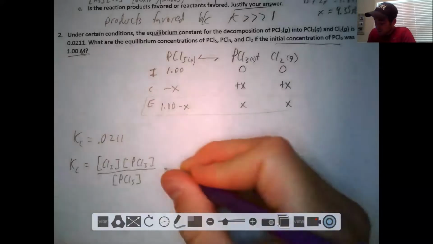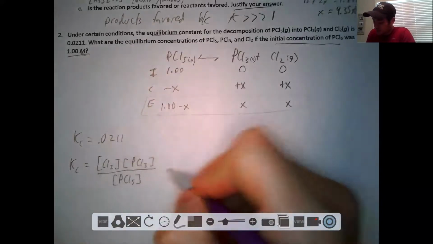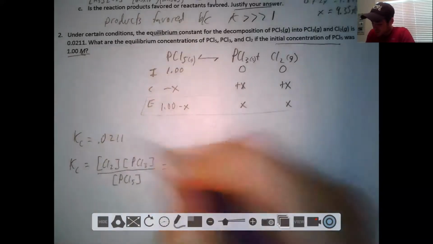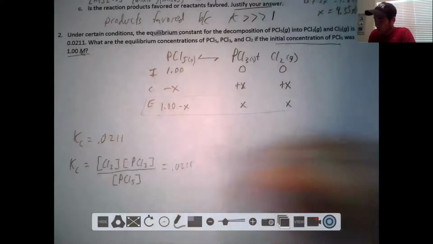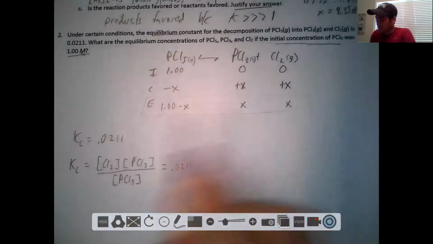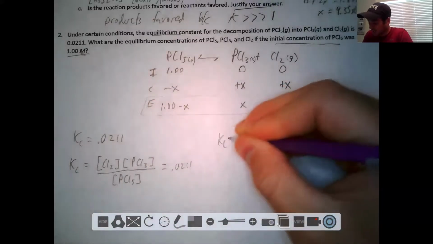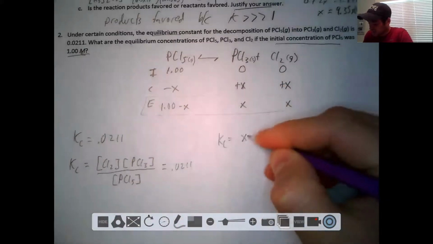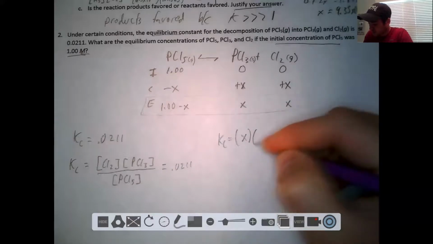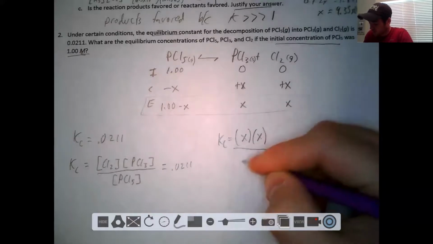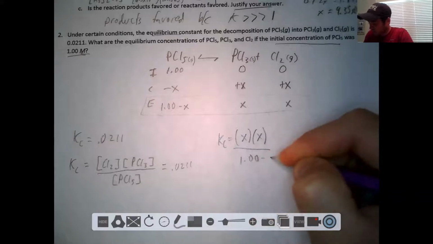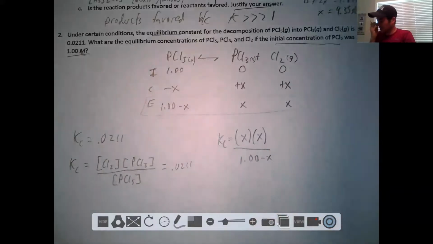And now we know that this equals 0.0211. So we can take these and plug them in. And this is the key step here. If I plug them in, I can say Kc equals X times X divided by 1.00 minus X, right?